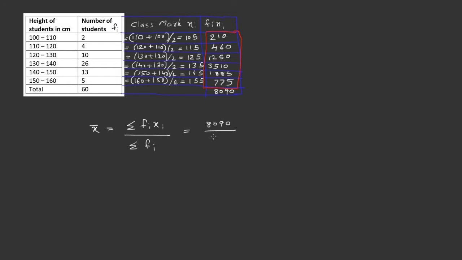Sum of fi is already given, it is 60. So the answer is 8090 divided by 60, that is equal to 134.83 centimeter. Therefore, mean of group data by direct method in this example is 134.83 centimeter.